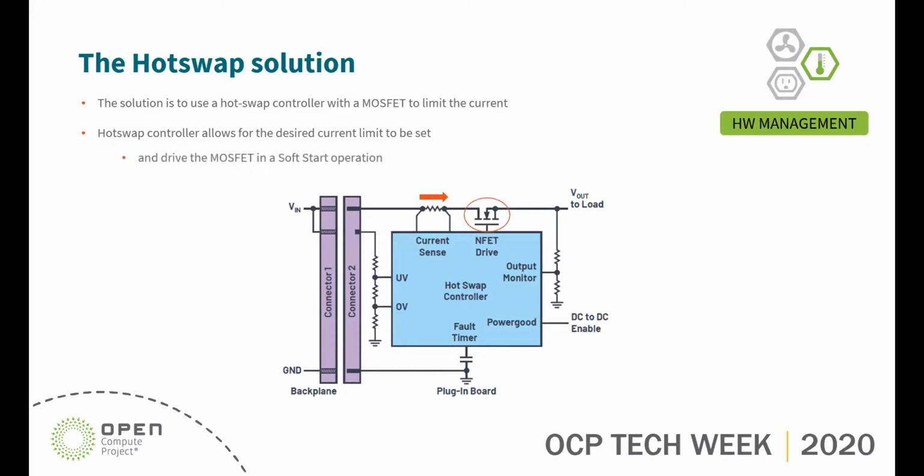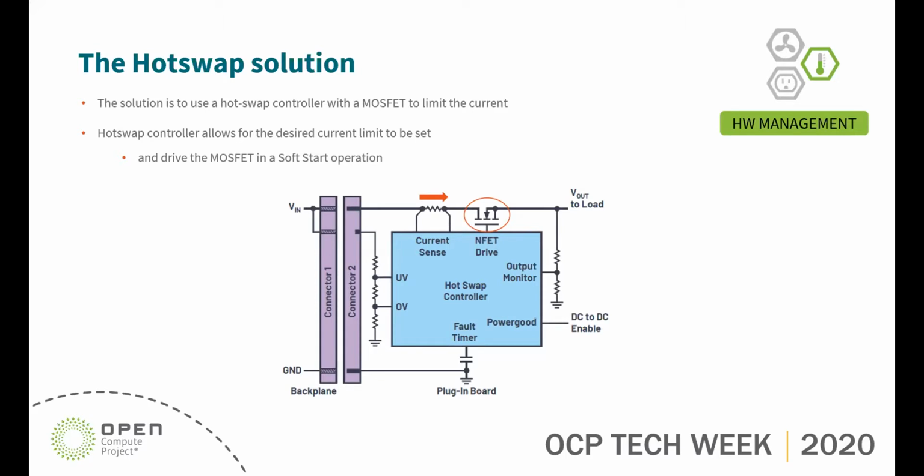It also has a sense resistor, where the desired current is chosen specifically for the particular load. The designer will choose what that current is depending on the load it's trying to drive. As such, it will drive the MOSFET in a soft start where the actual current is controlled. A MOSFET is a switch, and it is a very fast switch.